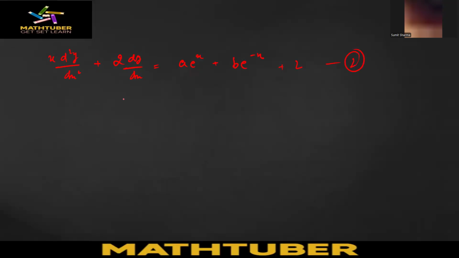Well, we got the value for the LHS here. The LHS is given as x d square y by dx square plus 2 dy by dx minus xy plus x square minus 2. So put the values here. The whole value of this is from the second equation here: a e raised to power x plus b e raised to power minus x plus 2.